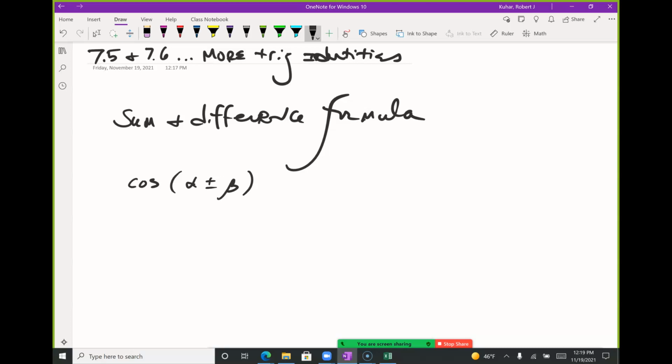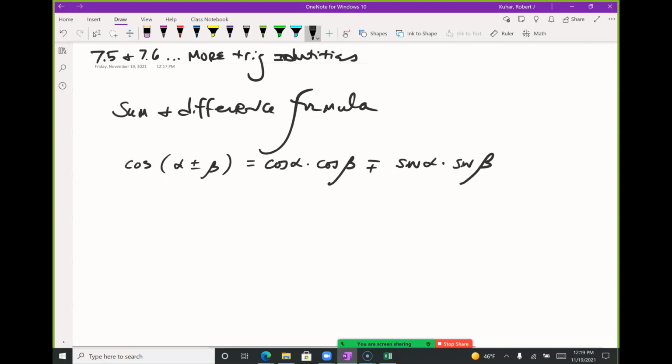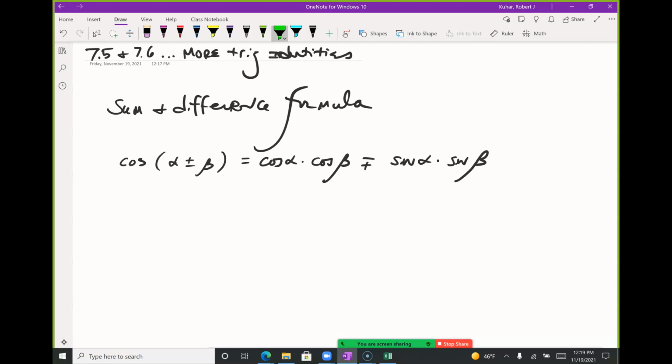The identity here is cos of alpha times cos of beta minus plus sine of alpha times sine of beta. The important thing is, if I use the plus on the left side of the equation, I use the minus on the right side of the equation.